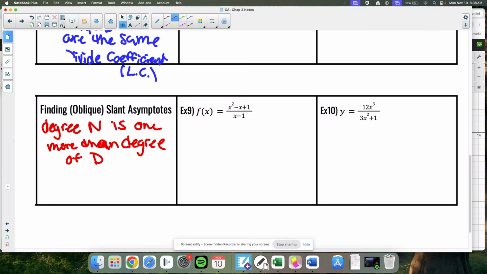So this is a special case where these aren't going to have a horizontal asymptote because the numerator is bigger on top than it is on the bottom. However, if that degree is only off by 1, like on example 9, where we have a 2 and a 1, so it's only off by 1, this one will have a slant asymptote. To find the slant asymptote, we get to long divide.